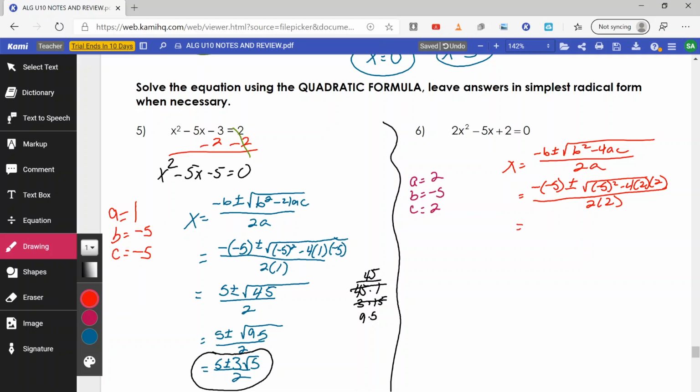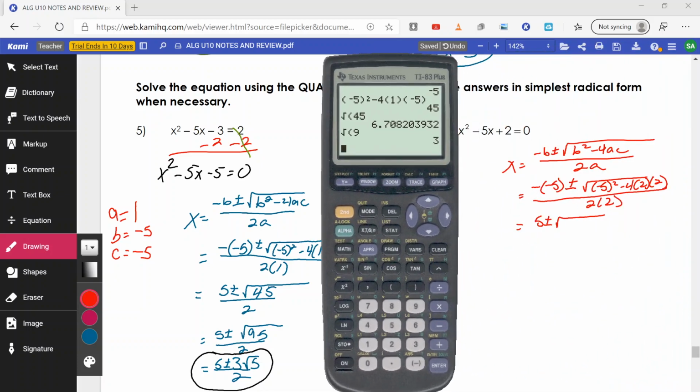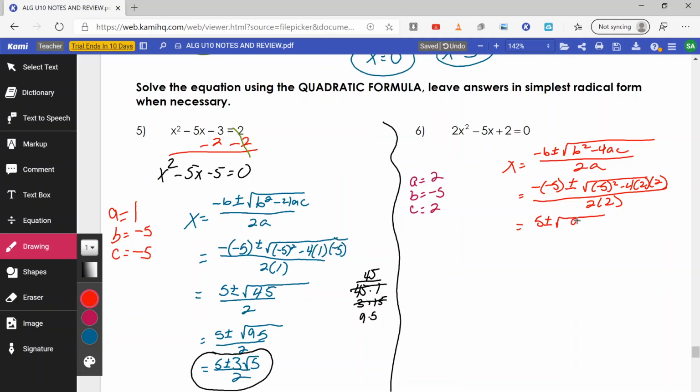So -5 becomes a +5 plus or minus the square root. And I'm going to do everything under the square root symbol. So negative 5 squared minus 4 times 2 times 2. And I get 9. So 5 plus and minus the square root of 9 all over 2 times 2, which is 4.